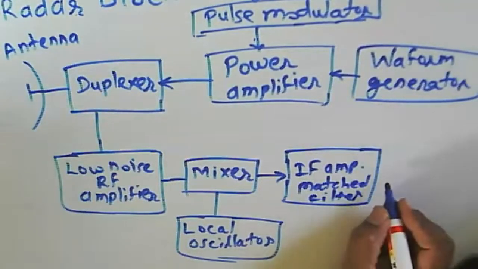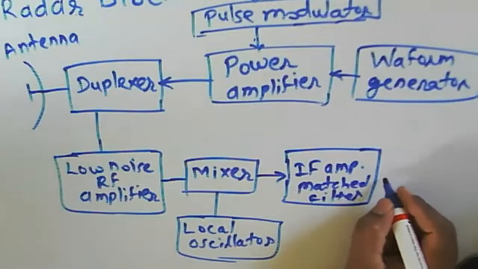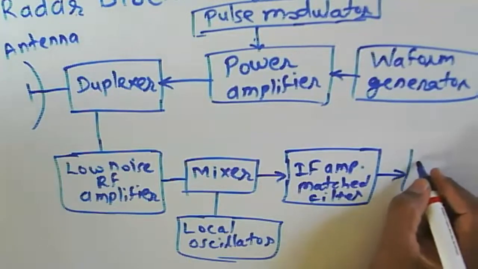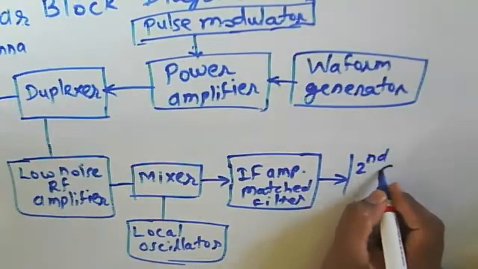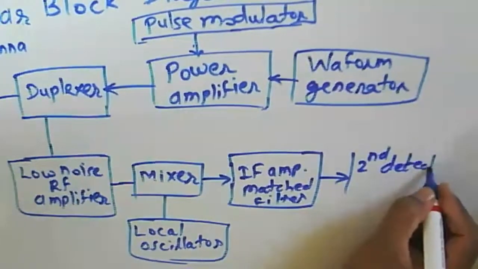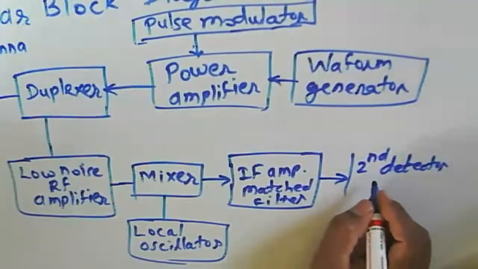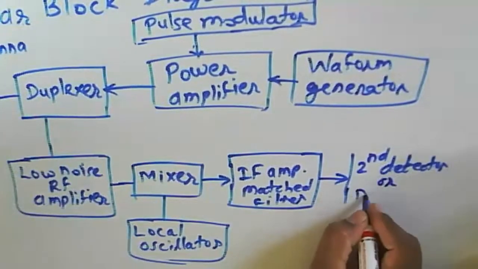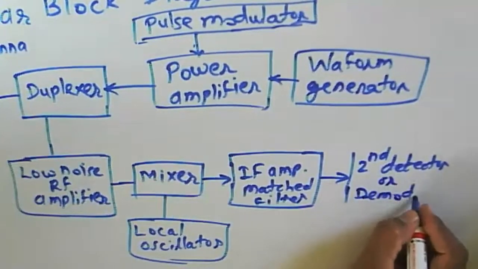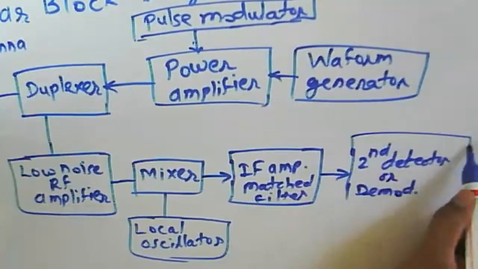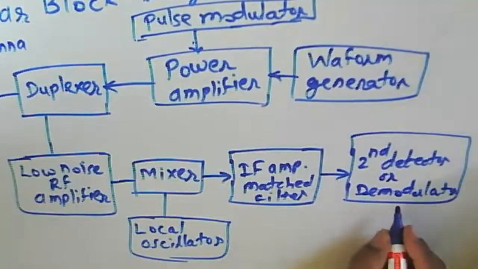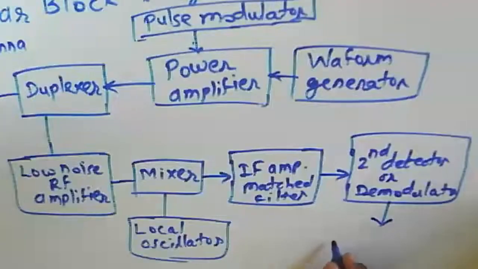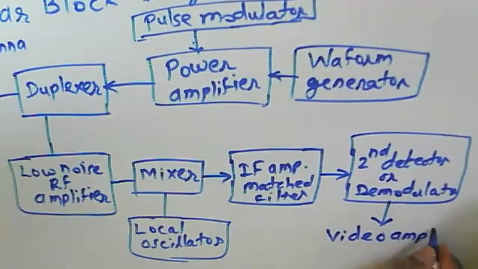Okay, so then we consider the second detector, or we consider a demodulator. Okay, we have a video amplifier.